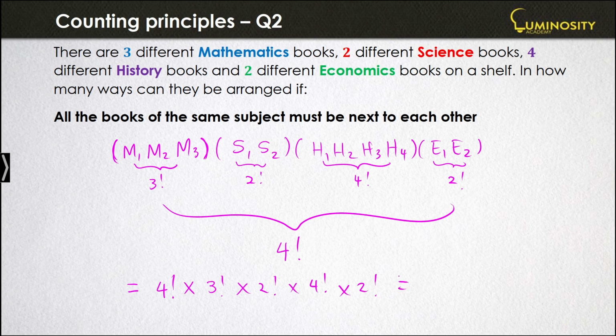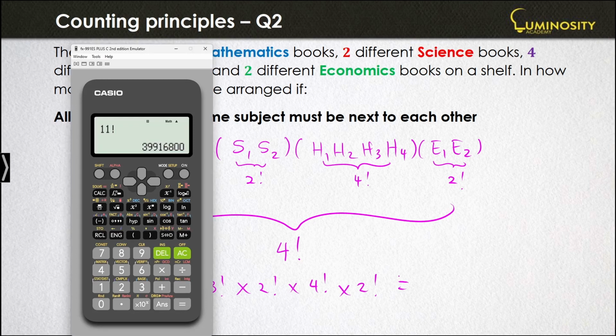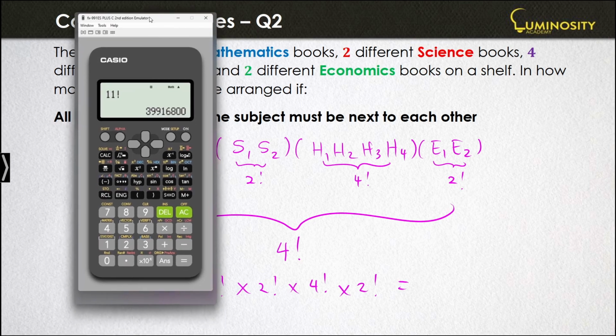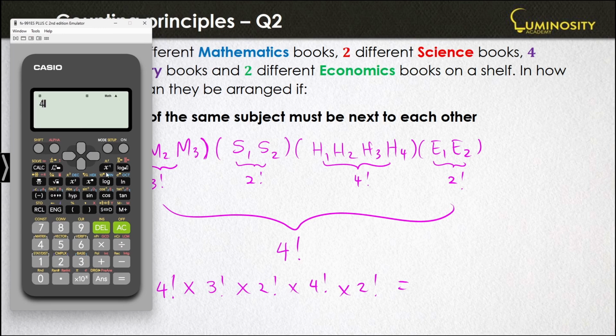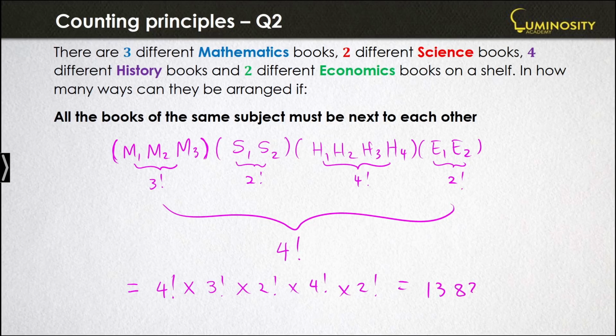So let's put that into our calculator and see what we get. That's going to be 4 factorial times 3 factorial times 2 factorial times 4 factorial times another 2 factorial. And that is equal to 13,824.